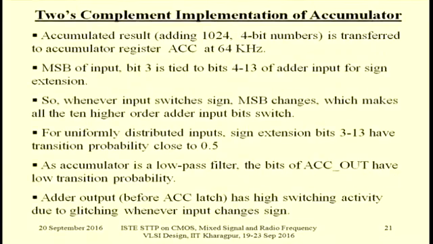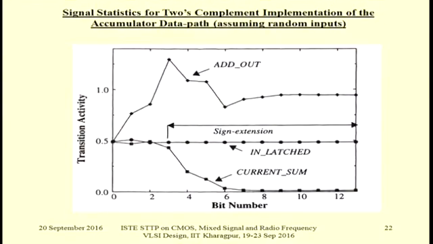So the question is that this is where we are drawn into. So considering the signal statistics for the 2's complement implementation of the accumulator data path, we see that the input values beyond bit 3 are constant at 0.5 because of the sign extension. Current sum, it is the output of the accumulator. Here the accumulator acts like a low pass filter.